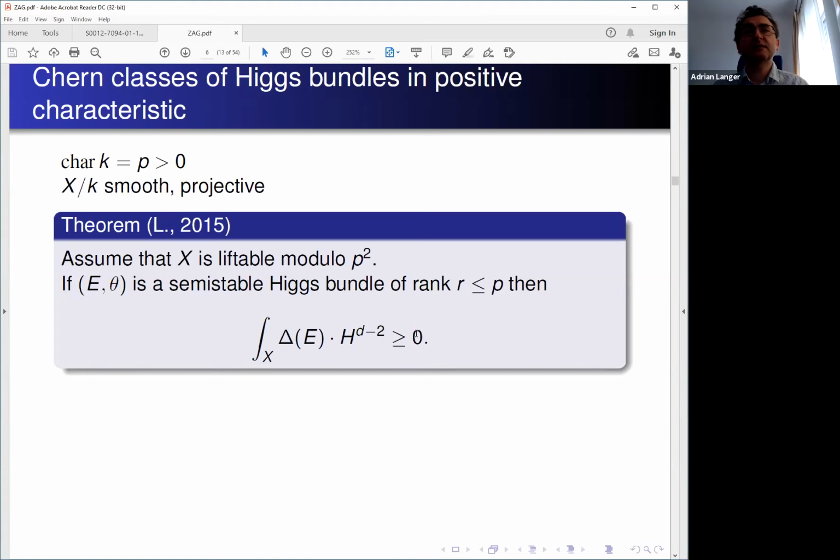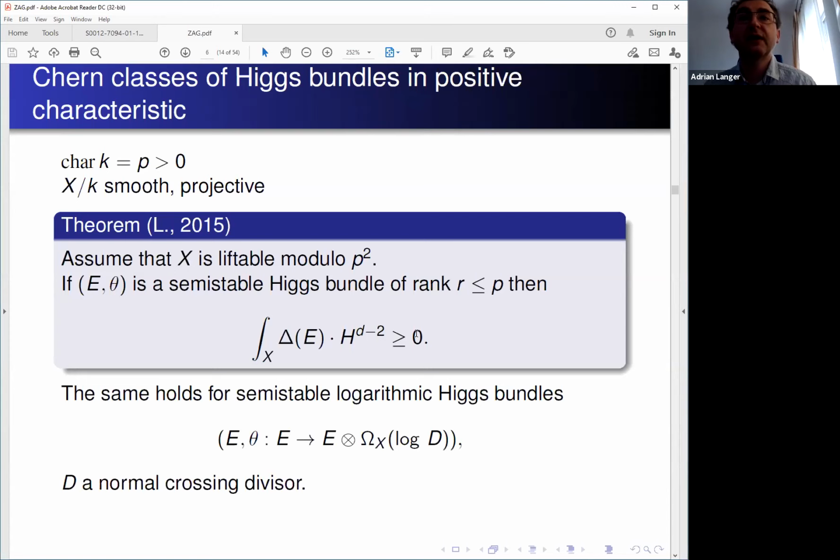And once we have this result, then the characteristic 0 result follows immediately by spreading out. So this really implies the previous inequality, and this gives an algebraic proof. I'm not going to talk much more about that, except that one can still generalize this.